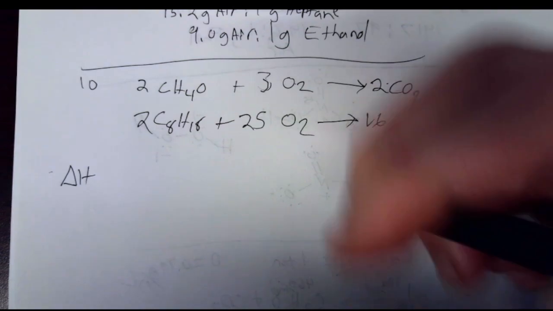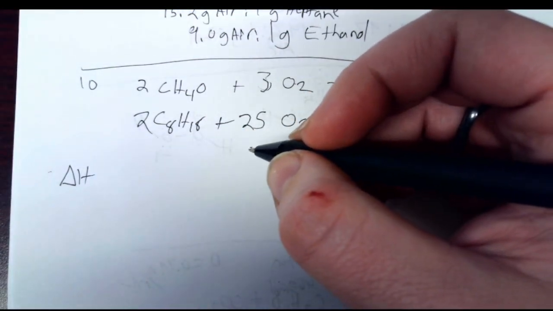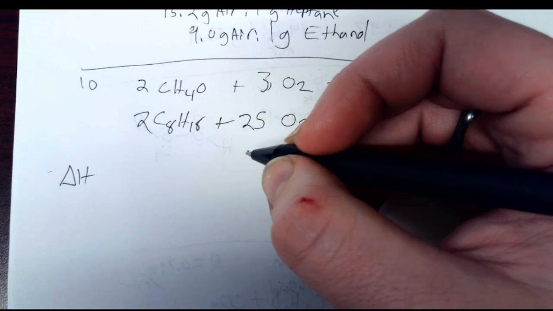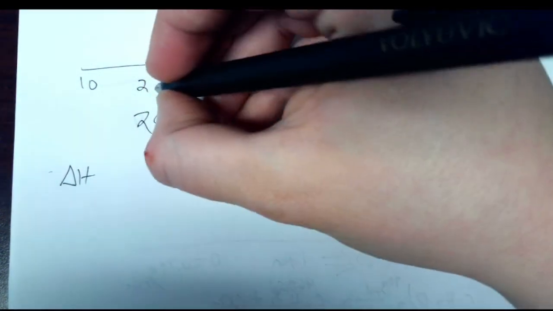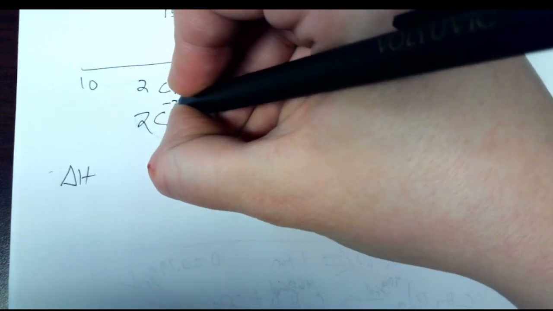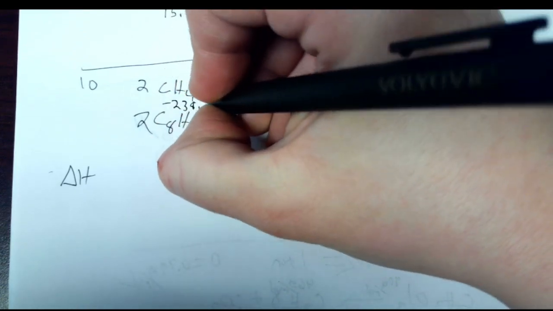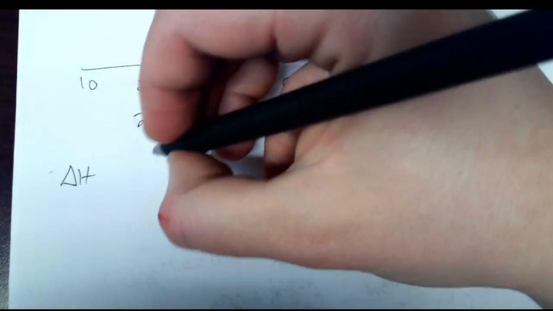We need to look up on our table the relative enthalpies of combustions for certain molecules. So we need the enthalpy values of methanol being negative 238.66. The enthalpy of pure oxygen is always 0.